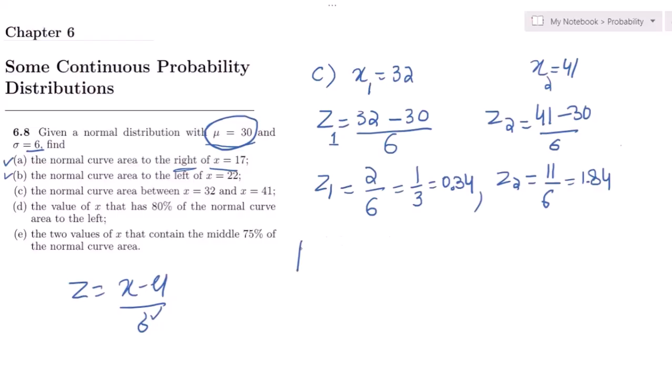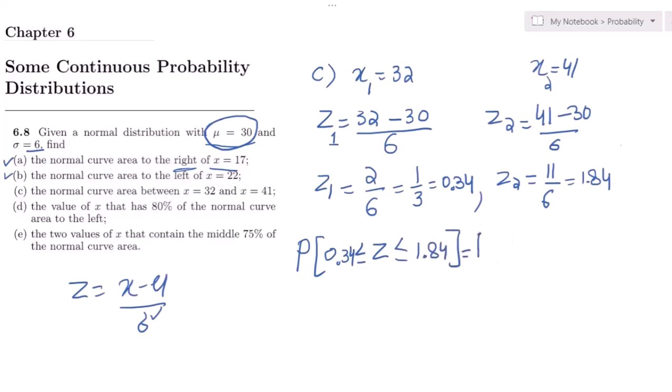If we want to find the probability that z is greater than 0.34 and less than or equal to 1.84, how do we find it?